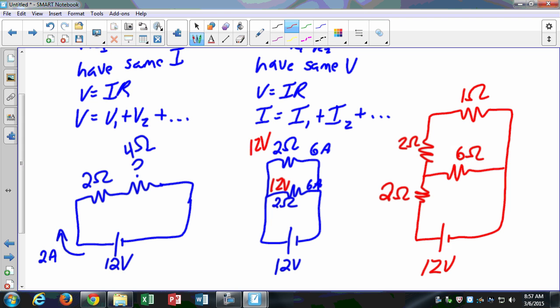So what would be my voltage here? 6 volts. What would be my voltage here? 4 volts and 2 volts. Let me write all that down. Okay?